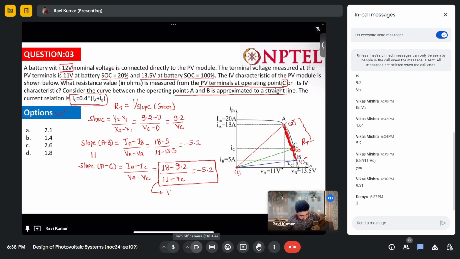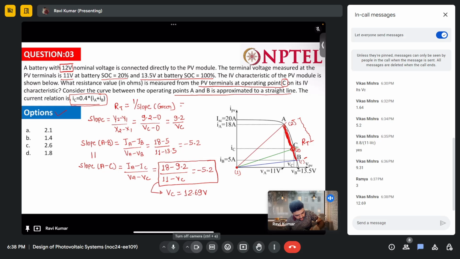What is the value of VC coming? Yes, now you are right. It is 12.69 volt.